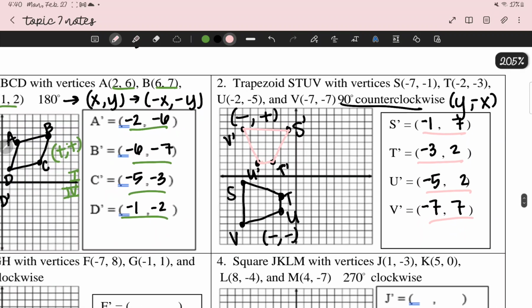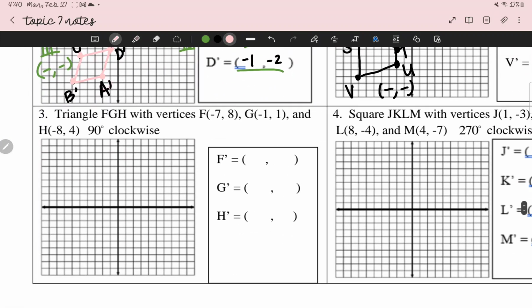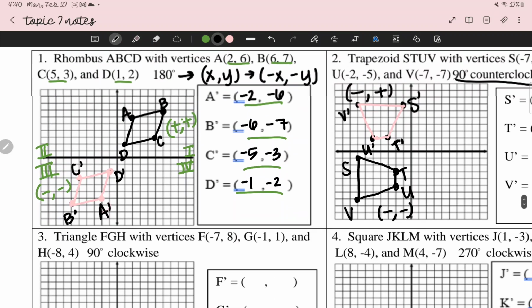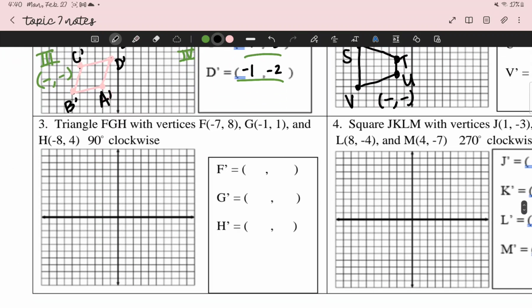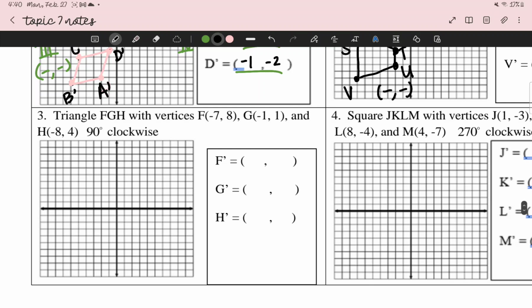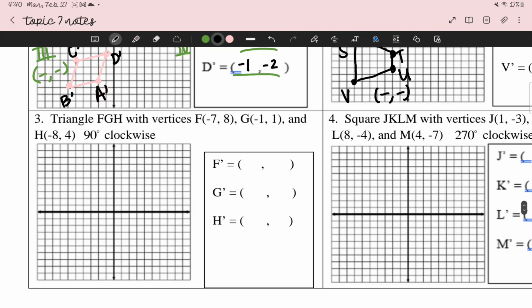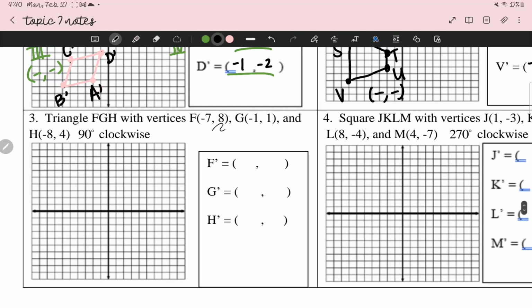All right, moving on. 90-degree clockwise. I can just go back up to my rules here, but I'm going to keep practicing and making sure that I know exactly how to do them without looking at the rules. So I've got a 90-degree clockwise turn, so my x and my y are going to switch one time.